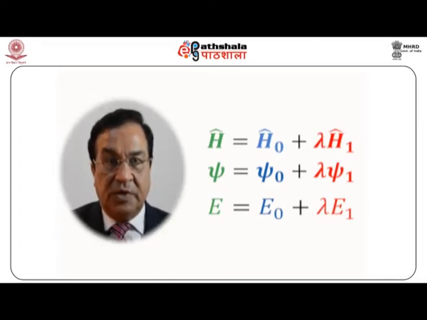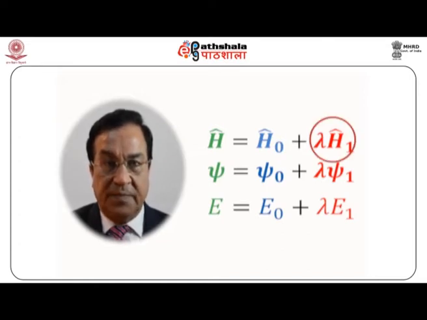H is equal to H0 plus λH1. Here λH1 basically represents the first order perturbation to the Hamiltonian. ψ is equal to ψ0 plus λψ1.